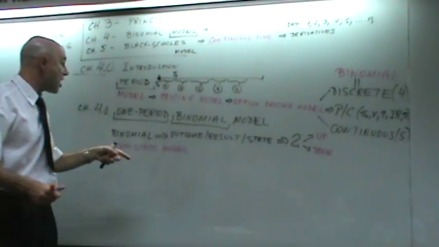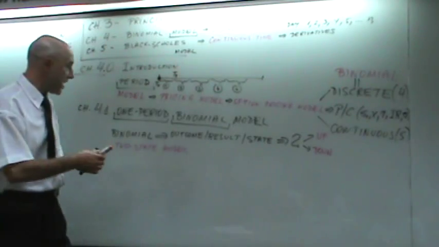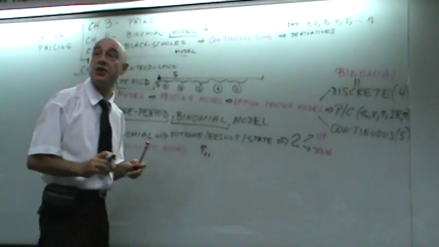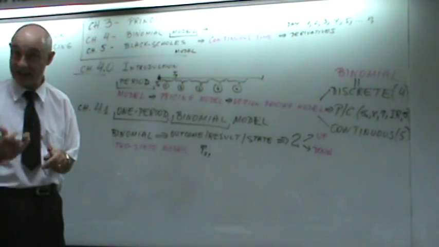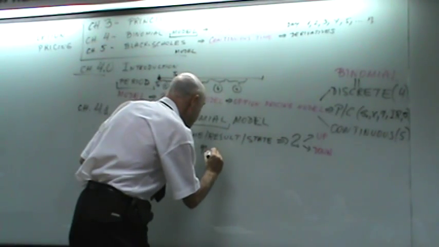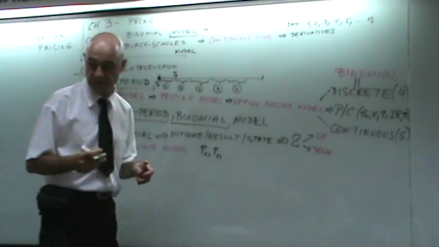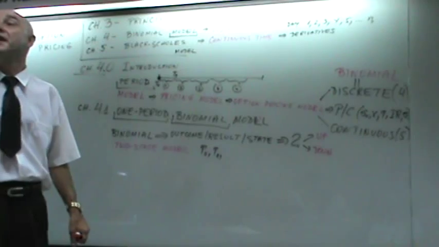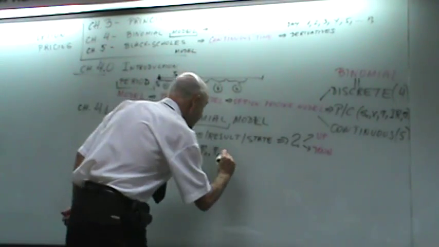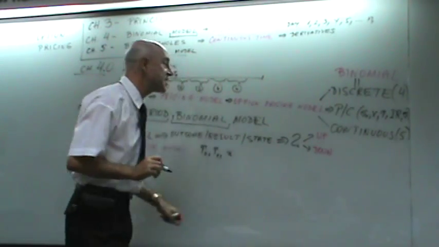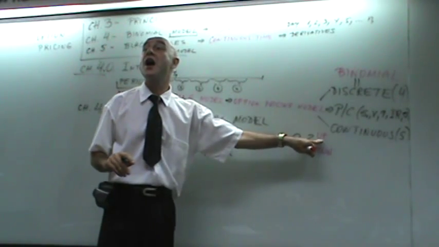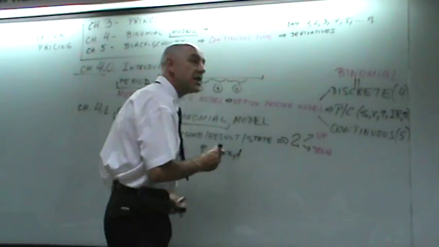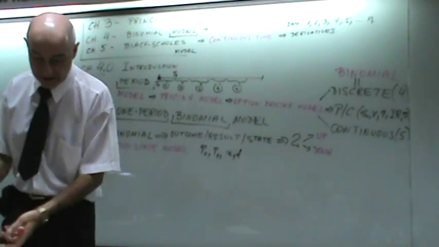In a two-state model, I already explained, the first one is t0, which is the beginning of time, now. And then expiration is t1. Then you've got U standing for up and D standing for down.